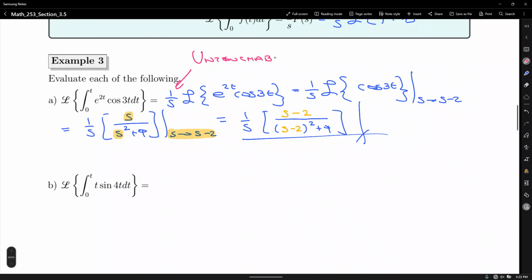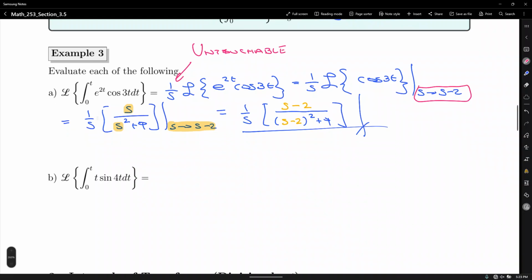You can't mess with that one, right? Like a powerful politician. That's what indicates the translation here, using the first shifting theorem on the s-axis. All right, so here we go.